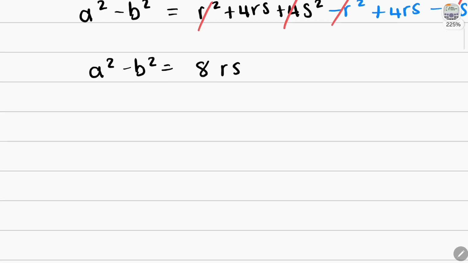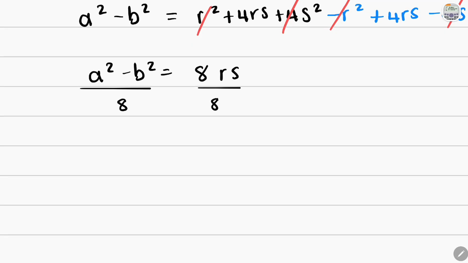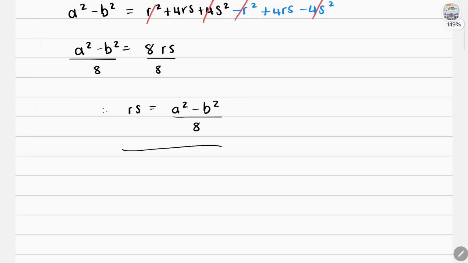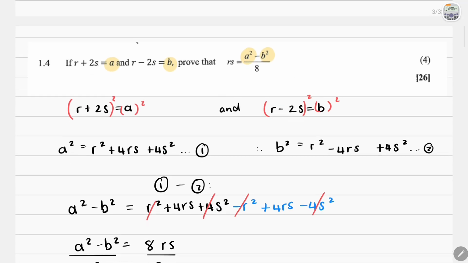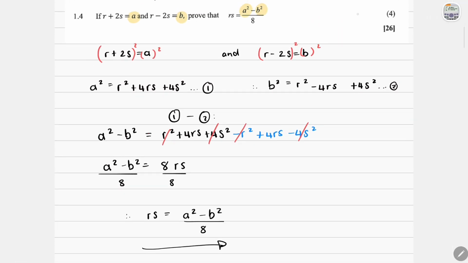And now you see that in order to get rs as the subject, we simply divide both hand sides of this equation by 8, and now rs is equal to (a squared minus b squared) over 8, and that is our answer. So that is how we solve for that question, and that is it for question 1.